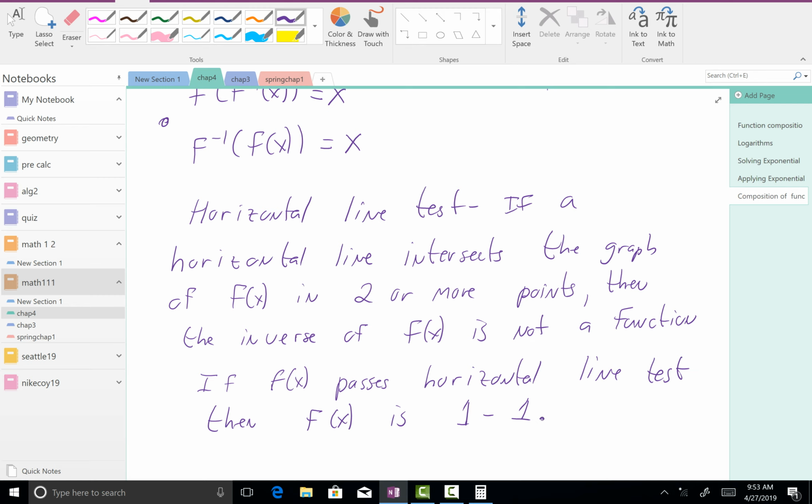So, for example, when I asked you on the test, I said, hey, is this a function, yes or no, and tell me why. You all said yes, it is. But the why was important. And almost every person said, for each x, there's one y. Okay? That's what you guys told me. That's 1 to 1. Okay?